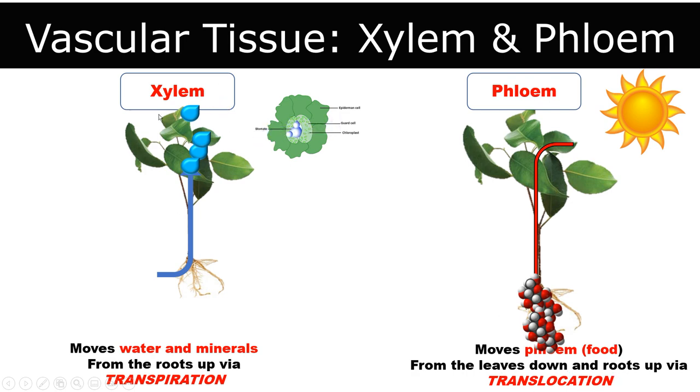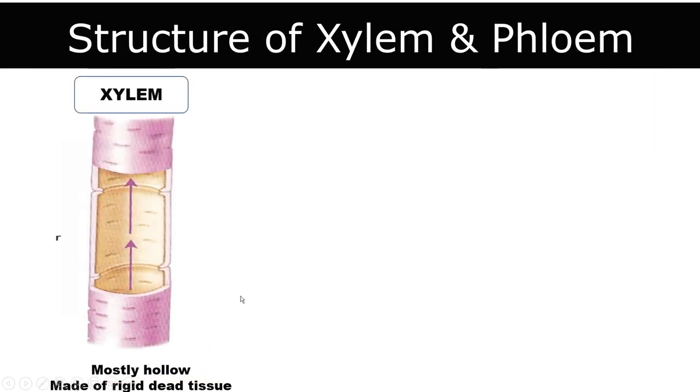So one more time, xylem transports water and minerals from the roots to the leaves to the rest of the plant via transpiration, and phloem transports sugars or organic compounds. That's the other way that Ivy likes to say this. So phloem transports those organic compounds from where they're being synthesized in the leaves via translocation. And that can go in either direction.